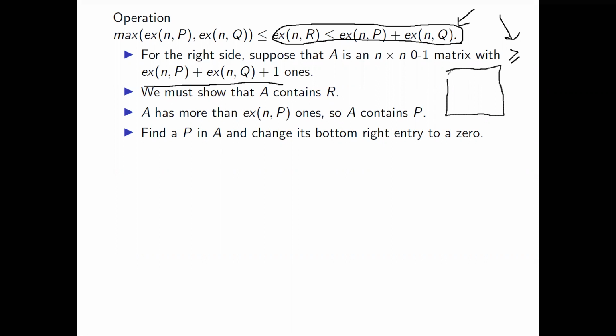So we have this matrix A, we have a copy of P in there, and we can take its bottom right entry. In that copy, we're going to modify A. We're going to turn that bottom right entry to a 0. So I crossed through the 1. It became a 0 now.